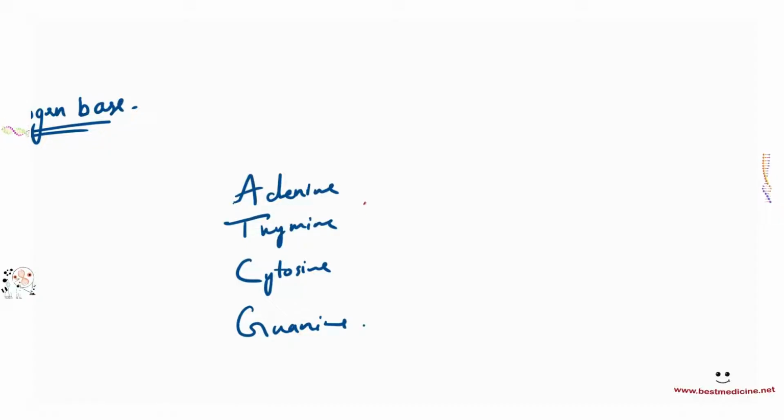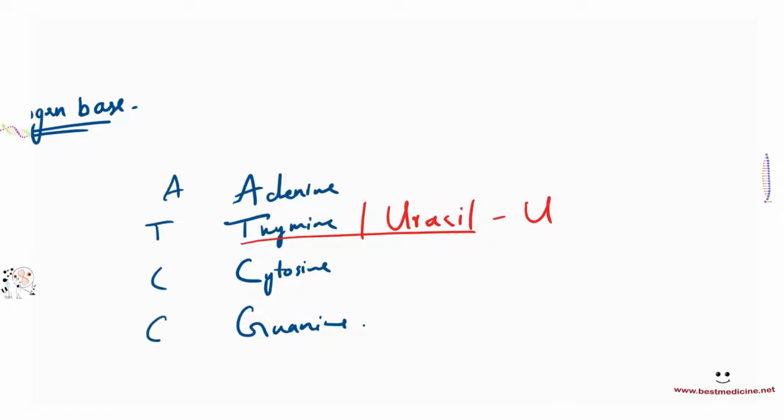RNA is the template that we make from DNA, a ribonucleic acid. DNA is called deoxyribonucleic acid. RNA contains, instead of thymine, uracil, okay, which is denoted by a U. And each of these is denoted by an A, T, C, or G, okay?